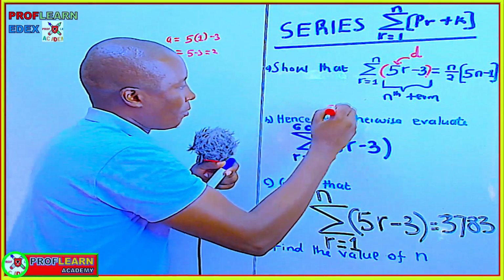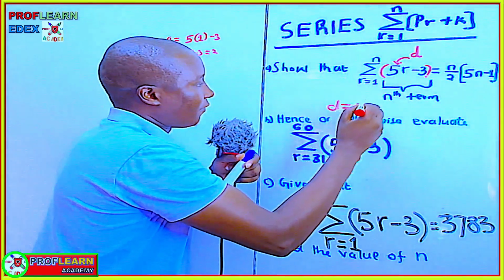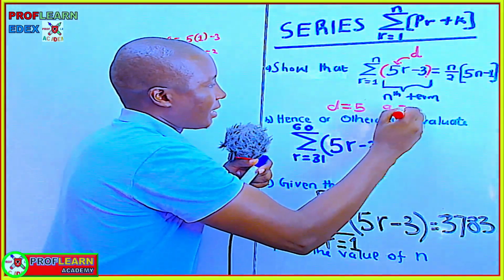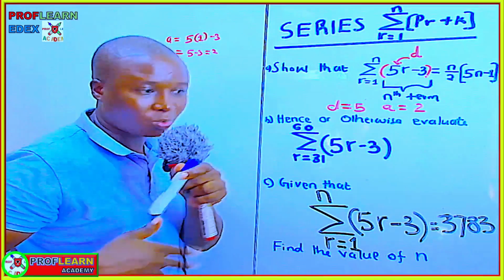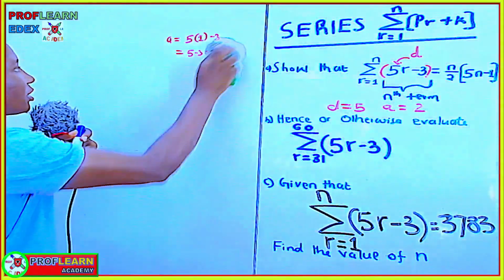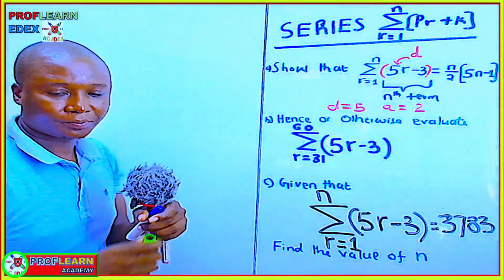So our common difference for this series is 5, and our first term is 2. That is the first thing that we need to identify for us to proceed and work out this question.